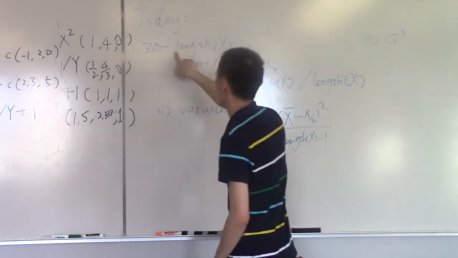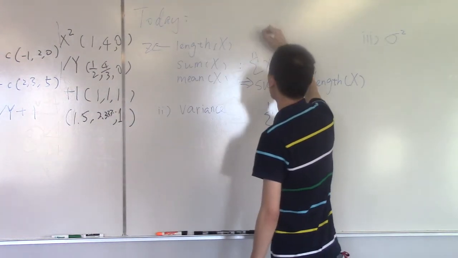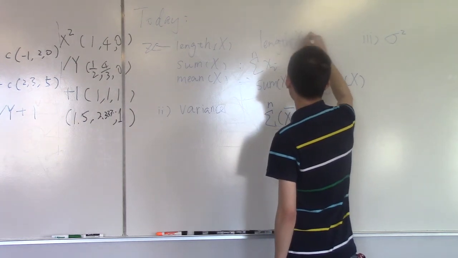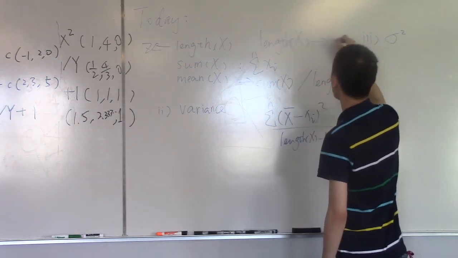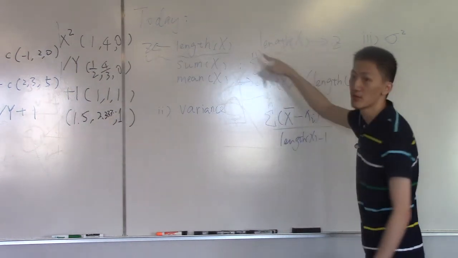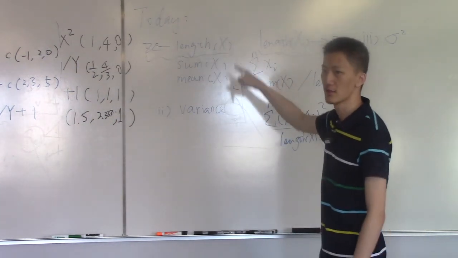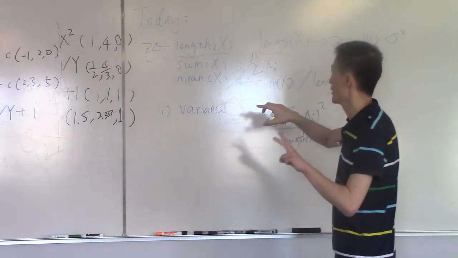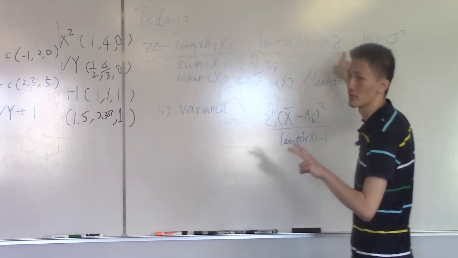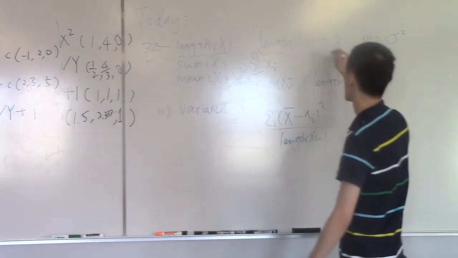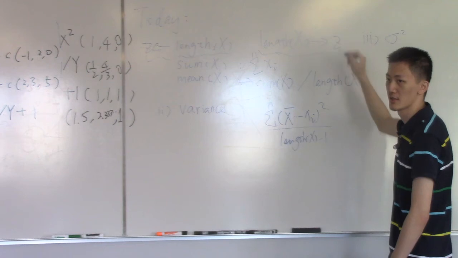So instead of doing this, you can also do length of x assigned to z. These two statements will give you the exact same result, which means you'll assign the length of x to the variable z. So these two statements are equivalent, but you just change the direction of this arrow.